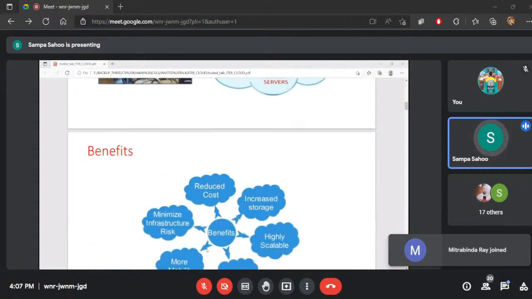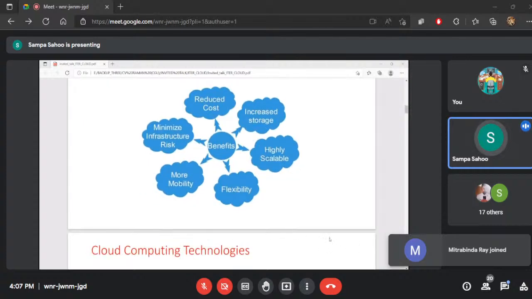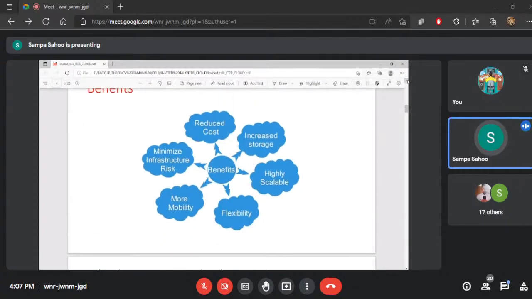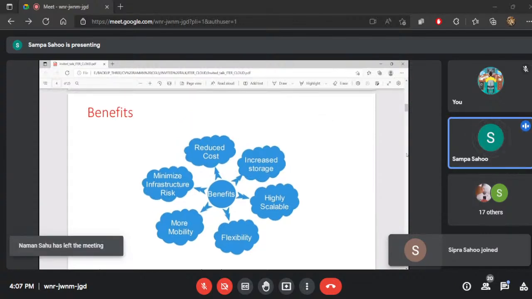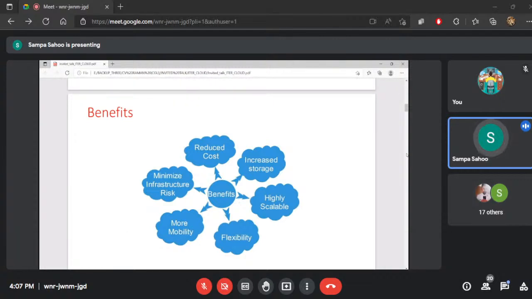So depending on this, these are the various benefits of cloud computing, like reduced cost, and the cloud has a huge storage capacity. Then it is highly scalable, meaning depending on your requirement, you can either rent a lot of servers, or you can reduce the number of servers.